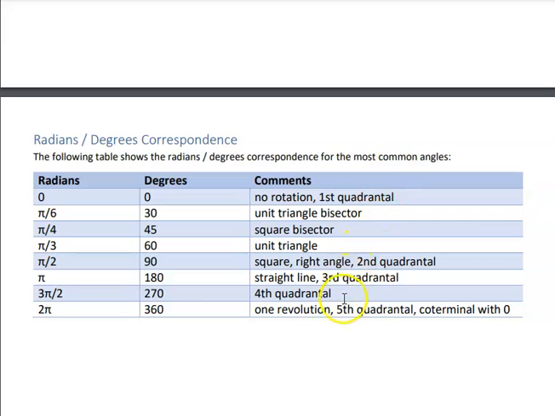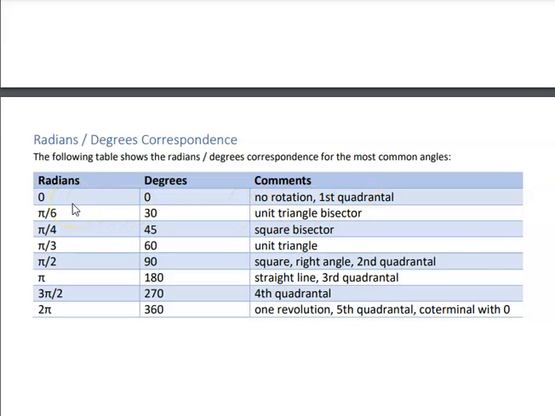Here's a table showing common angles that are dealt with frequently in trigonometry, and their radian value and their degree value, with some comments. 0 is 0. That's no rotation. It's the first quadrantal, since it's right there on the positive x-axis.